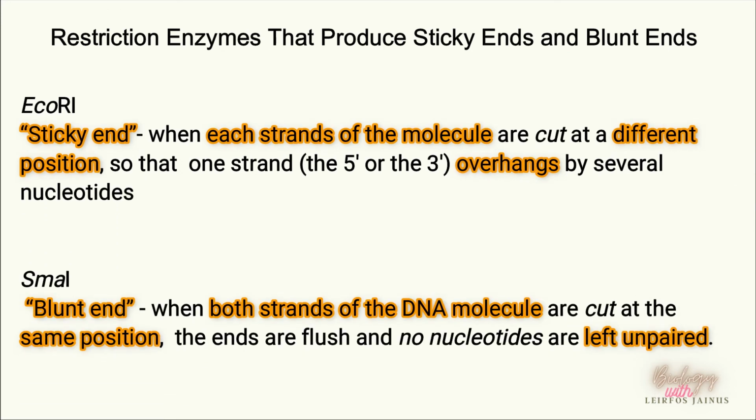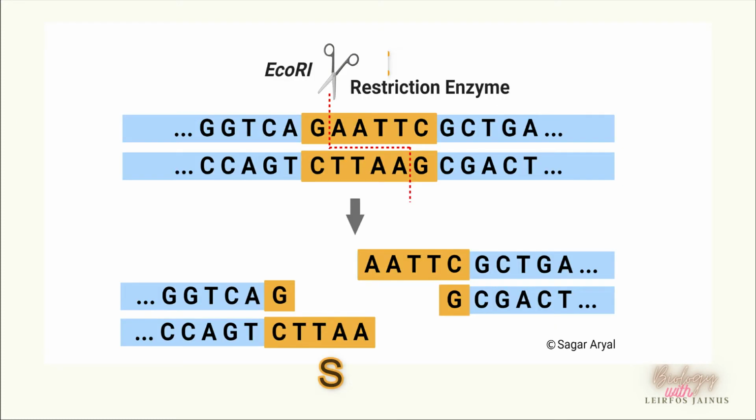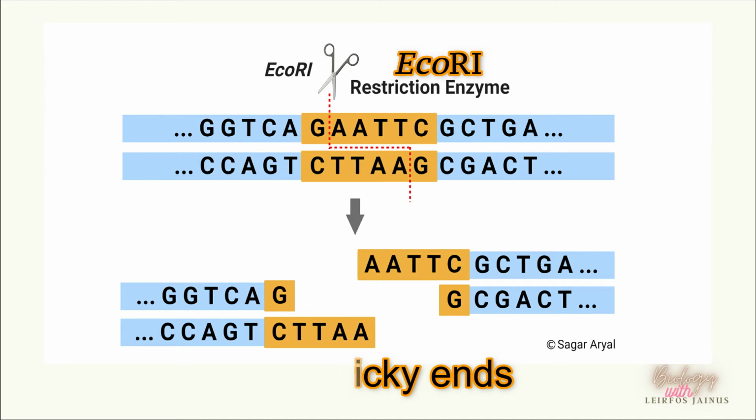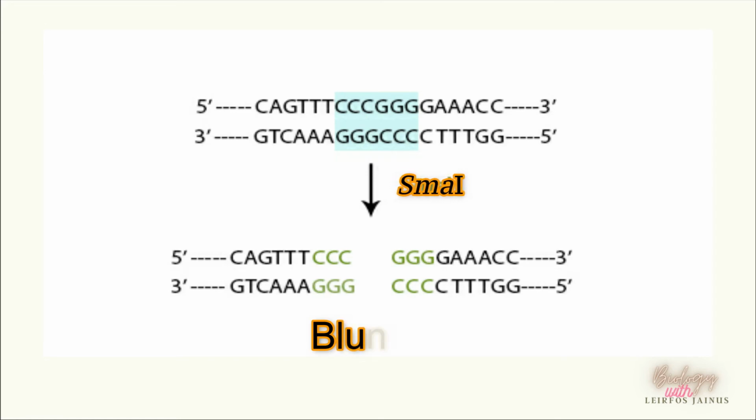The restriction enzyme EcoR1 produces sticky ends because the restriction enzyme cuts the DNA strands at a different position. While SmaI will produce blunt ends because this restriction enzyme cuts both strands of the DNA at the same position.